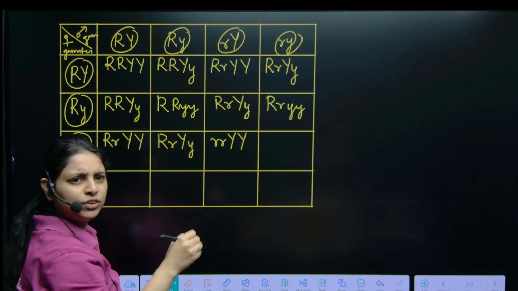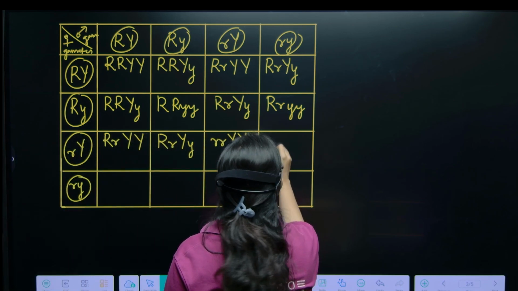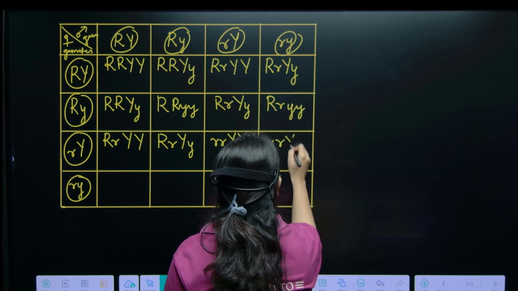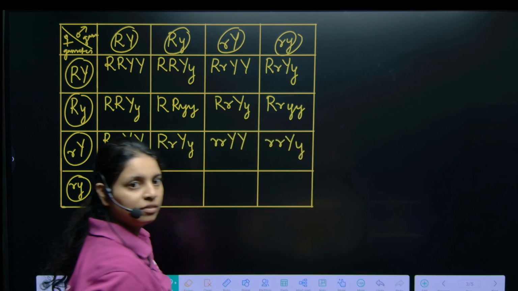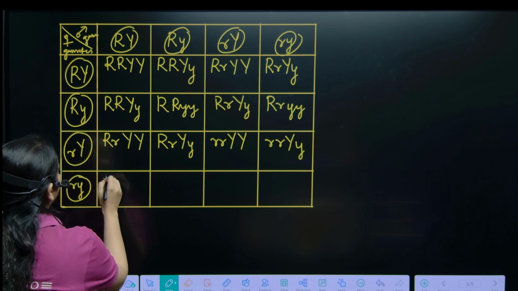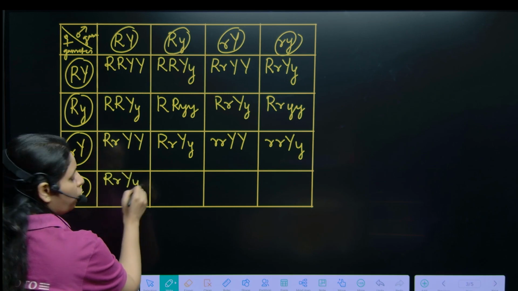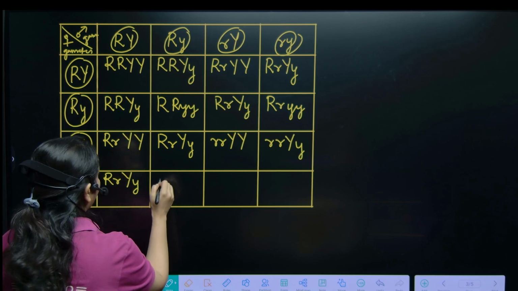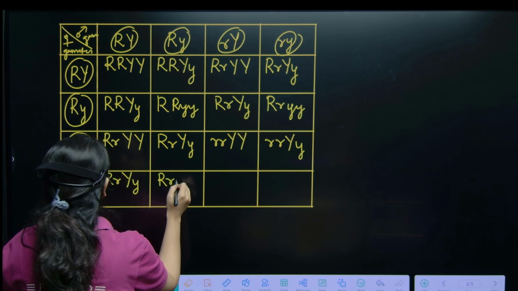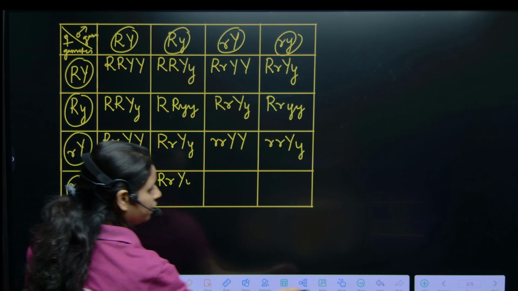Okay, in this way, you have to just match the pair. Next we have small r, capital Y, small y. Next, last row, capital R, capital Y, small y. Next we have capital R, capital Y, small y, right?